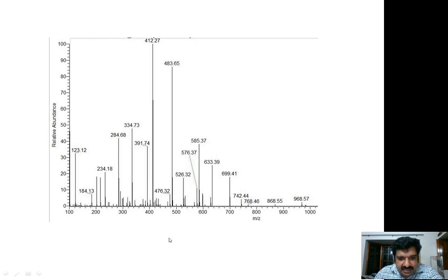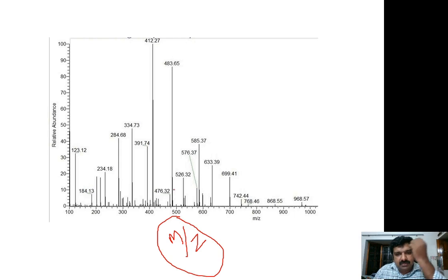Here you can see that the x-axis represents m by Z, that is the mass to charge ratio. The relative abundance is plotted against this mass by charge ratio. So here we can see that different fragments have different masses.